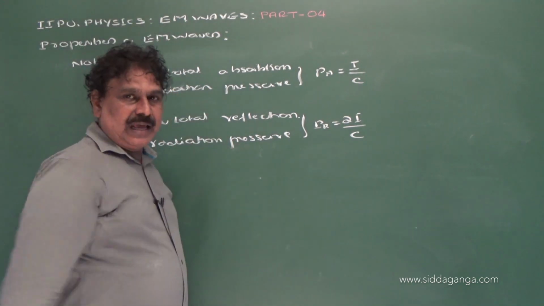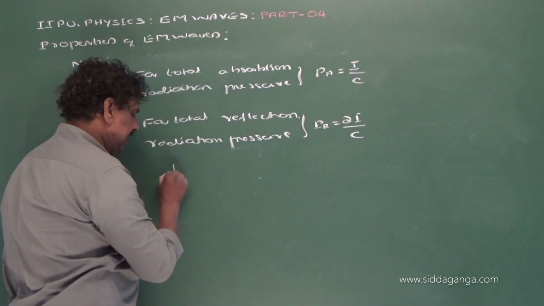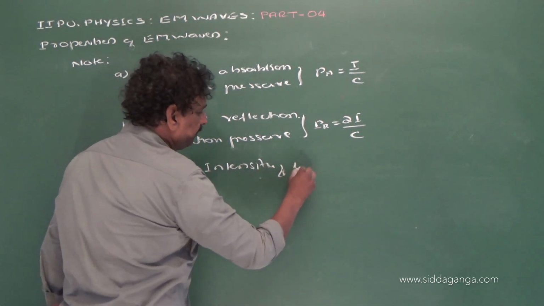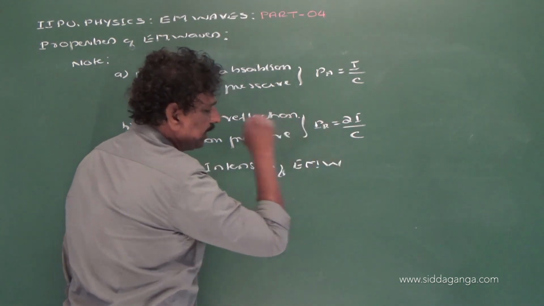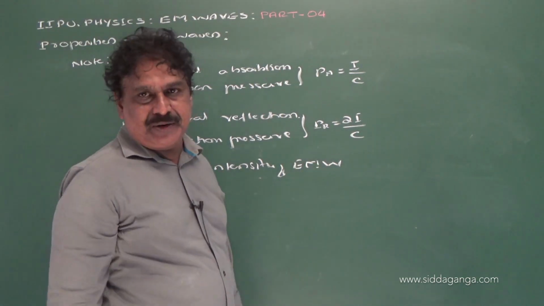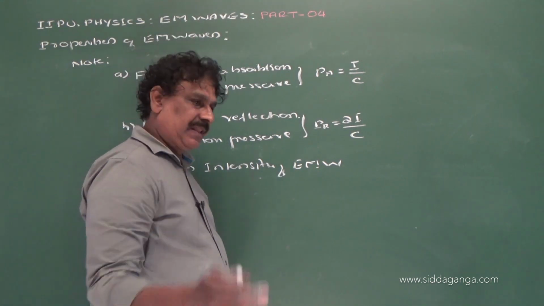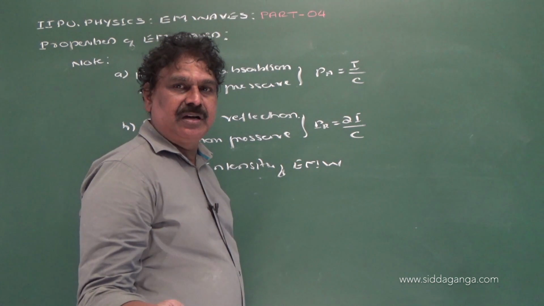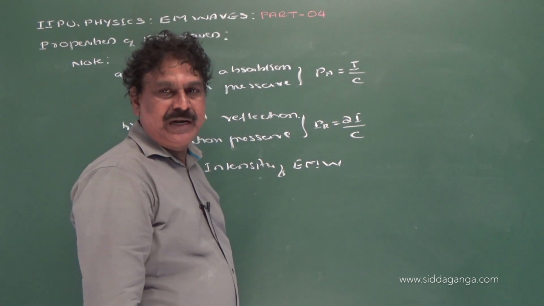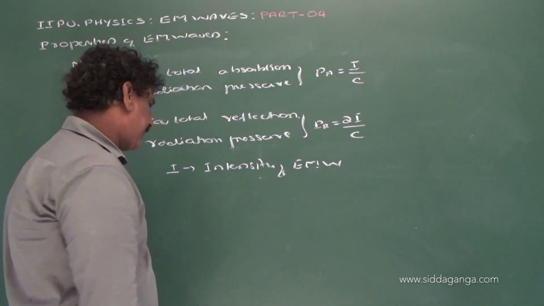See here, the absorption pressure is equal to I by C, where I is the intensity of electromagnetic wave, and of course C is the speed of light. That means the reflection pressure is 2 times the absorption pressure, because the rate of change of momentum gets doubled during reflection. The change in momentum is equal to mv minus of minus mv, that is equal to 2 mv, right.